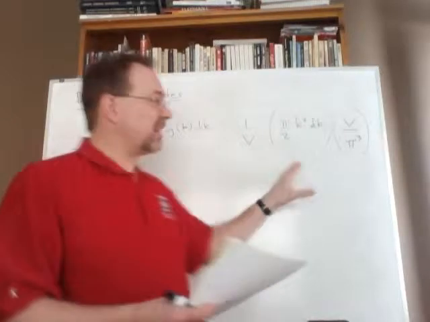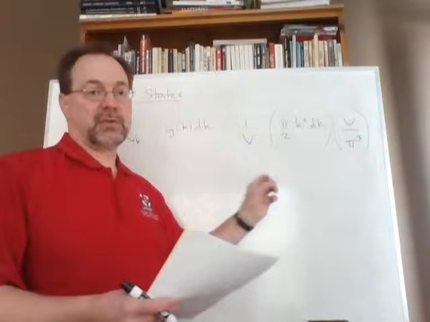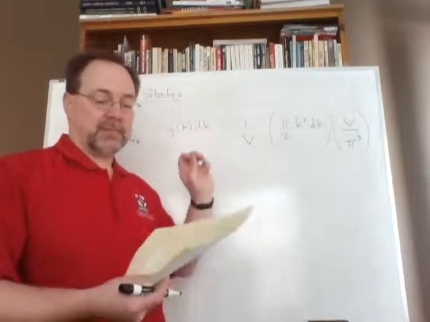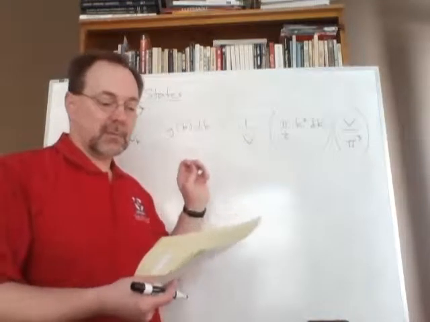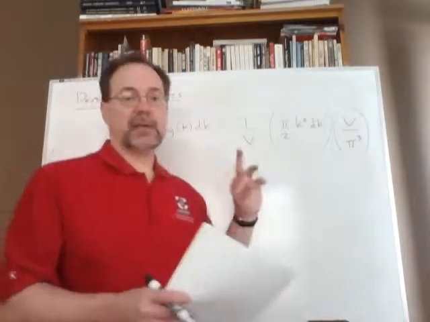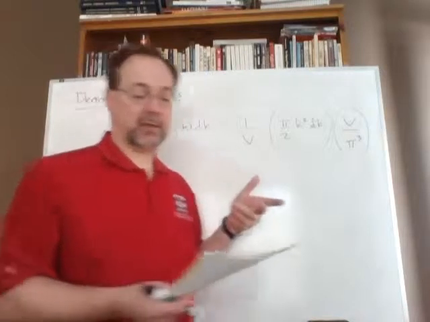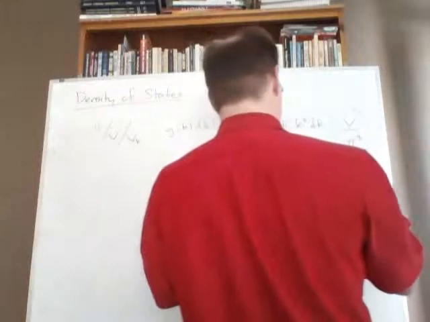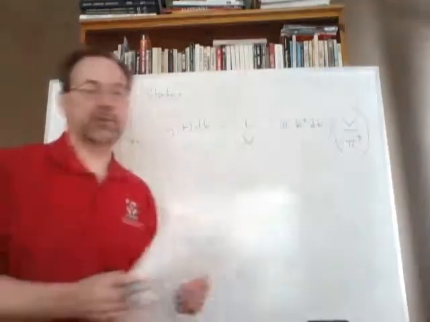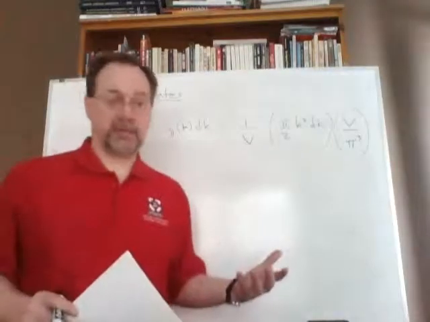And this would be it, except that there are 2 spin states for electrons. It's not really the Pauli exclusion principle, but there are 2 spin states.